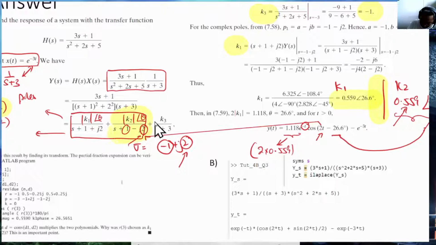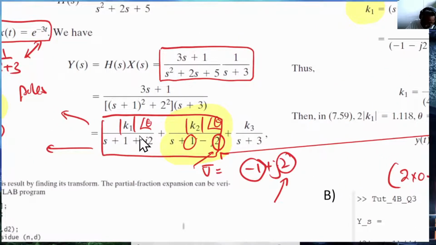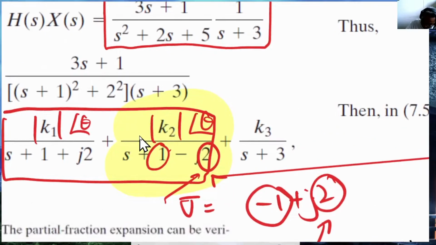So don't confuse yourself. Always find the value that is with respect to the positive omega, because in the k1 and k2, one of them will be the complex conjugate of the other. So this is the minus theta over here, and this is the positive theta.